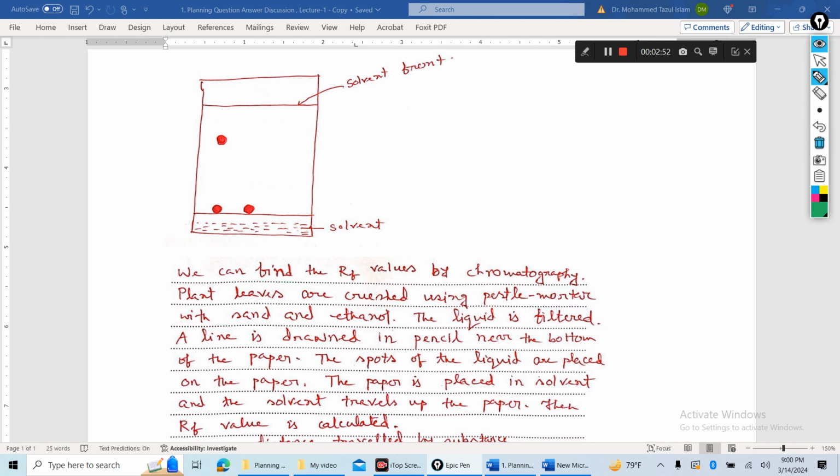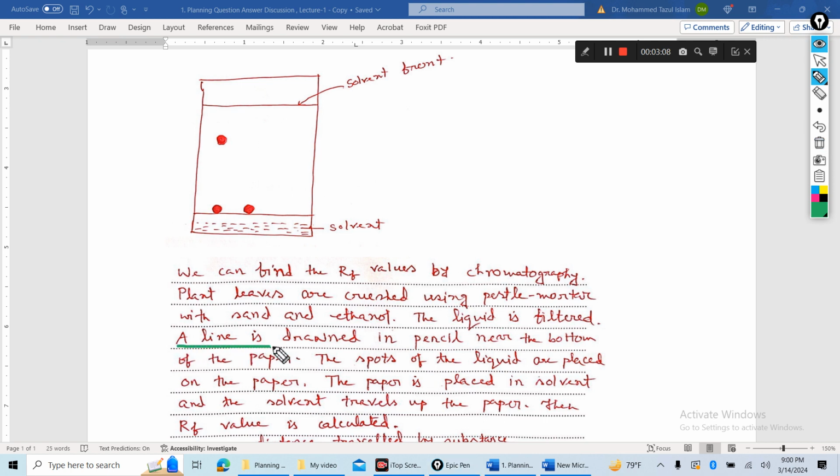Then the liquid is filtered. You will get a clear filtered solution.